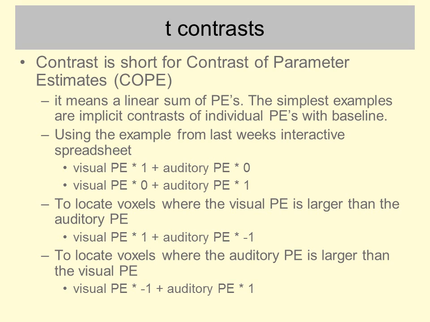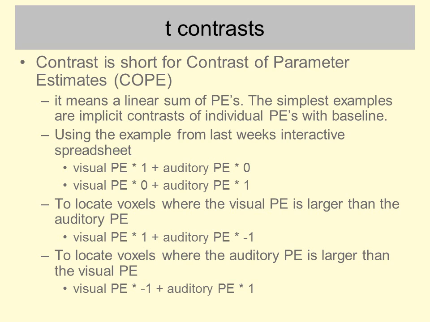To represent that contrast with baseline as a cope, it's just the visual parameter estimate times 1 plus the auditory parameter estimate times 0, if we're using the examples that we worked with in last week's interactive spreadsheet for modelling voxel time courses. Or we could have the other one that we used in that spreadsheet, the visual parameter estimate times 0 plus the auditory parameter estimate times 1.